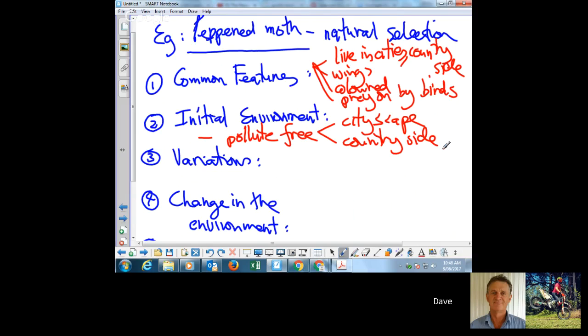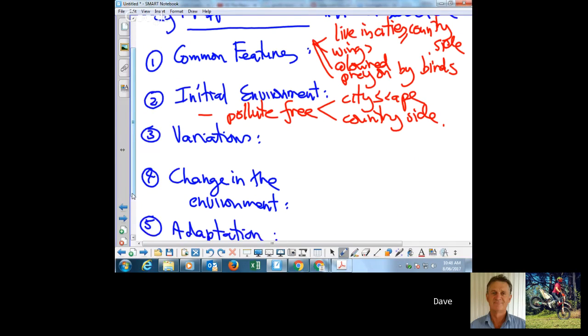And so over the next 30 or 40 years of the Industrial Revolution, the environment became polluted with the black soot from the burning of coal. So that's the change in the environment, but let's talk about variations. What were the types of variations that were going to lead to this particular natural selection? Kaya?